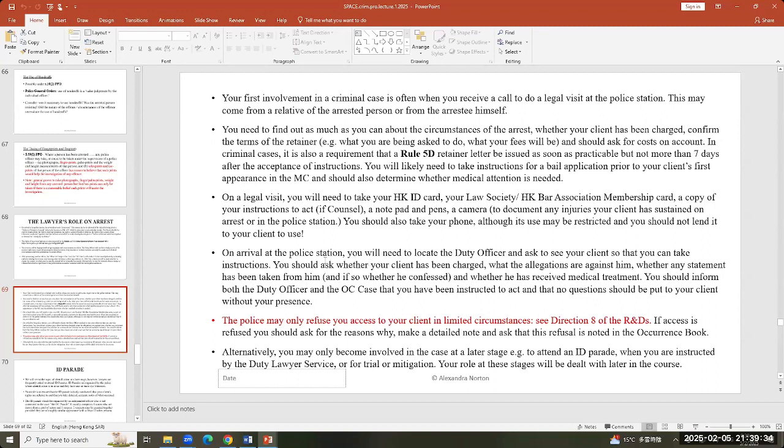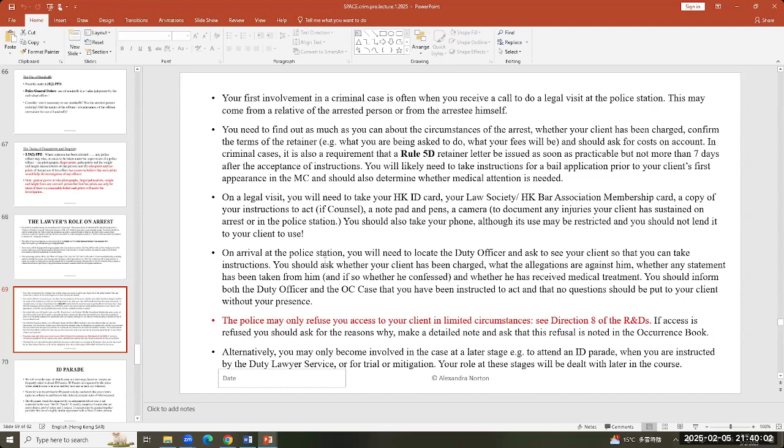And if you get to the police station and the police say, yes, we have your client in custody, but you're not allowed to see him, then it's really important that you make inquiries as to the reasons why you're being denied access. Because under Direction 8 of the rules and directions, a person in custody has the right to legal representation, but it's not absolute.